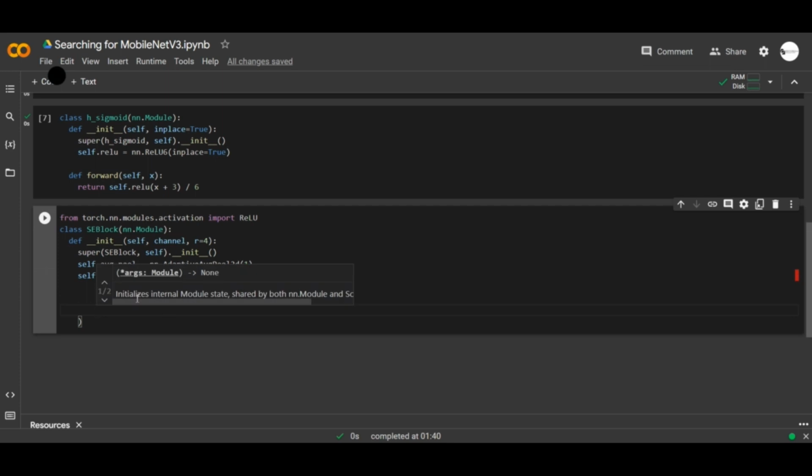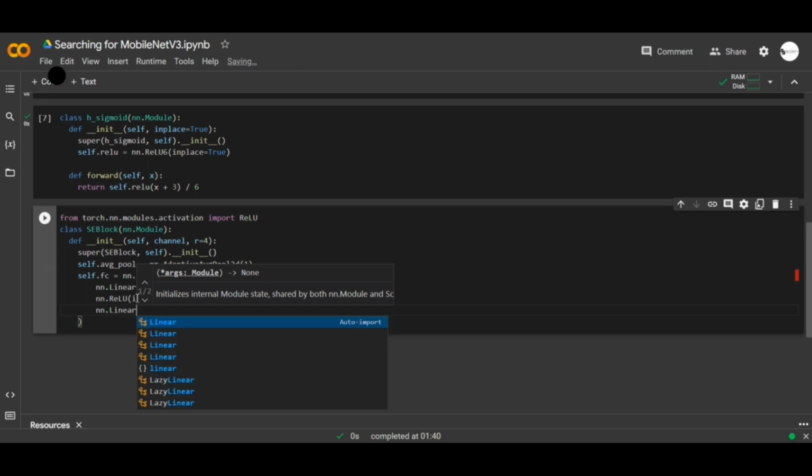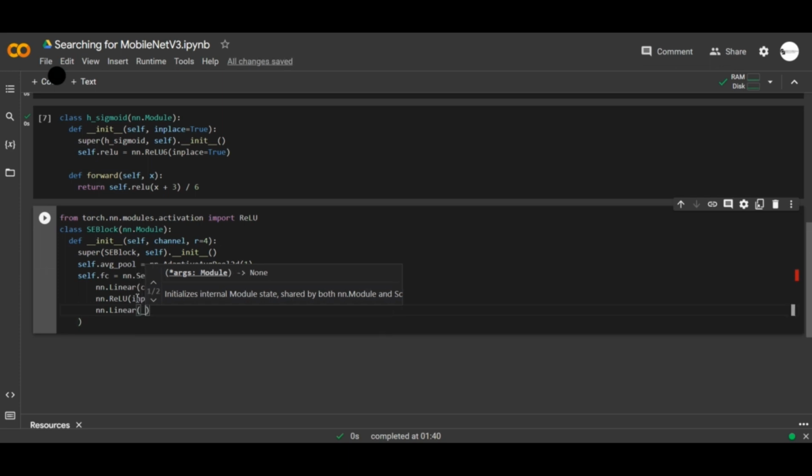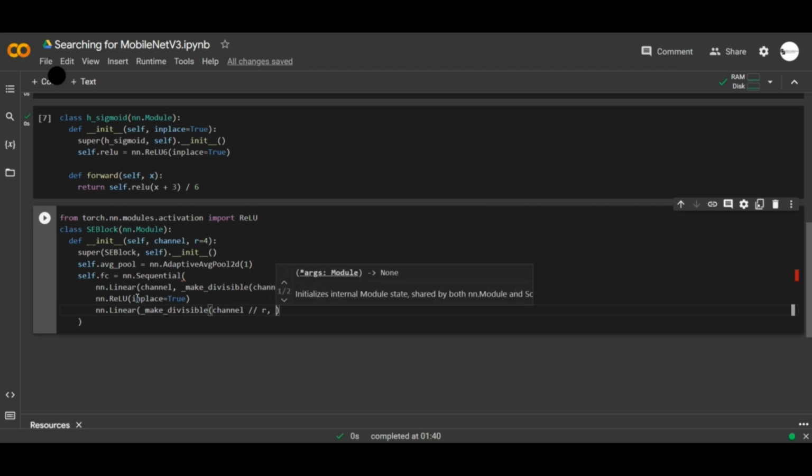Then we have nn dot linear layer. Then we say make divisible, taking the channel, then we have a ratio of 8. Then we have the channel, like so.